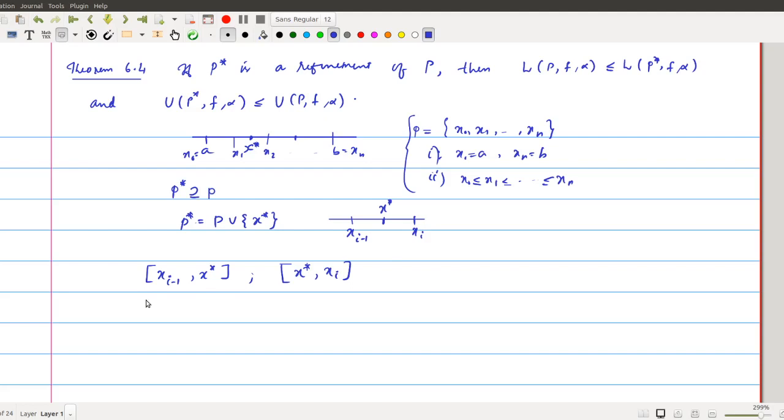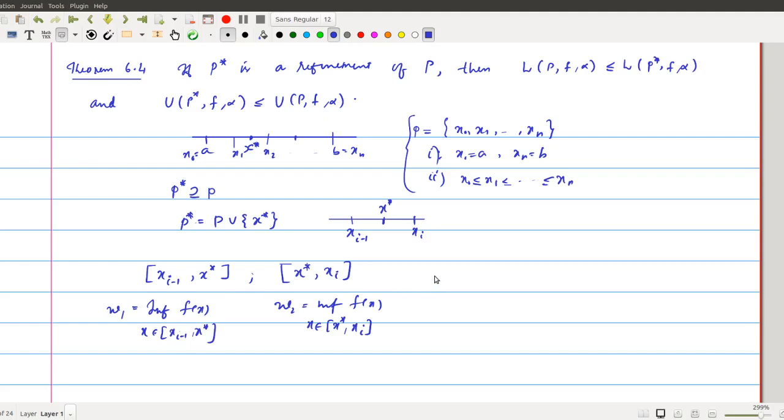So we define the infimum value of f of x in this interval as w1, and w2 is the infimum of f of x in the other interval. That means for w2, x belongs to [x star, x_i], and for w1, x belongs to [x_{i-1}, x star]. So this is the case.